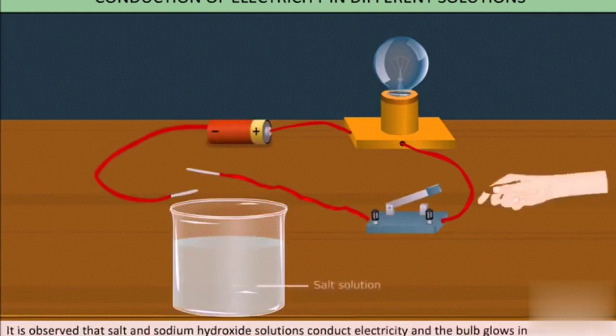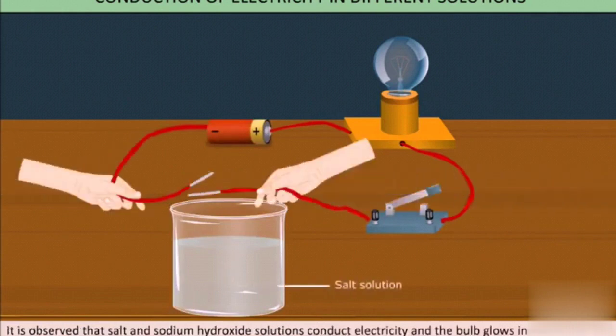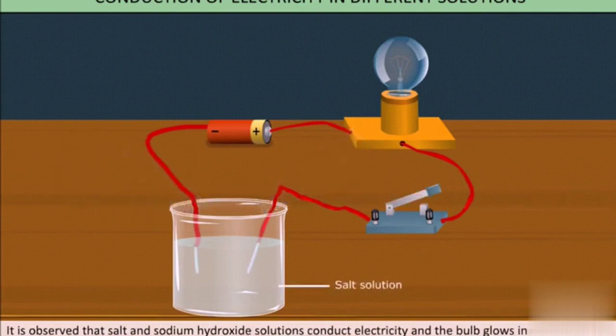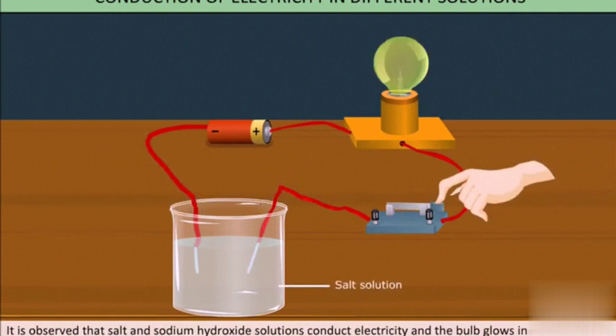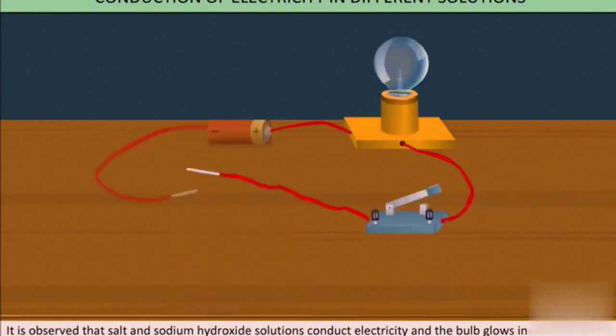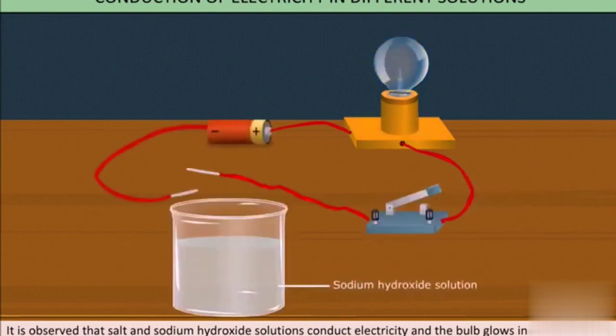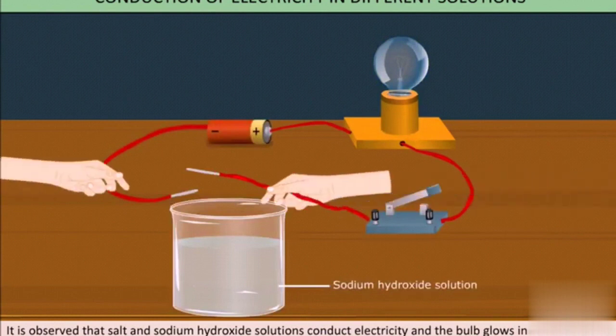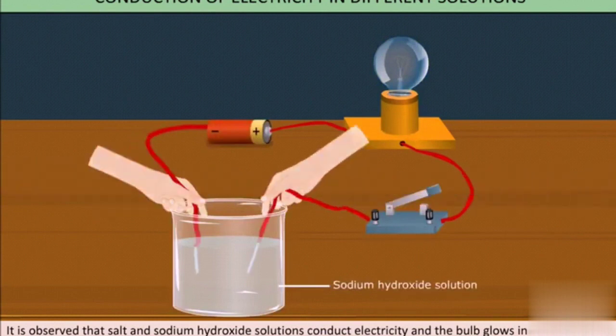It is observed that salt and sodium hydroxide solution conduct electricity and the bulb glows in both the cases. Sodium hydroxide is a base.